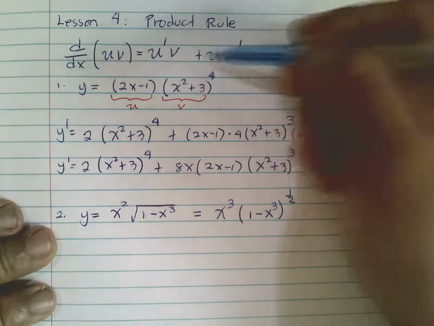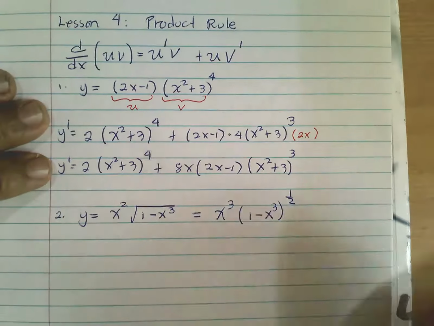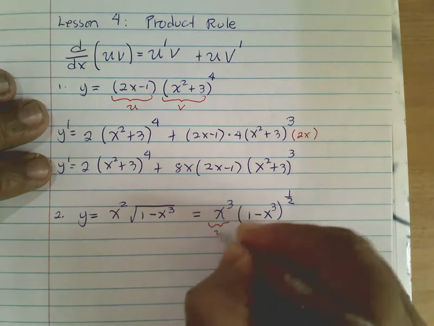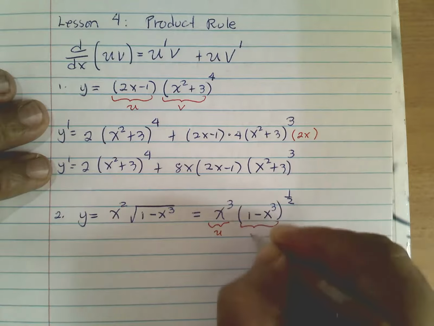So what we can do now is use the product rule. It says u prime v plus u v prime, wherein our u will be x squared and this will be our v.